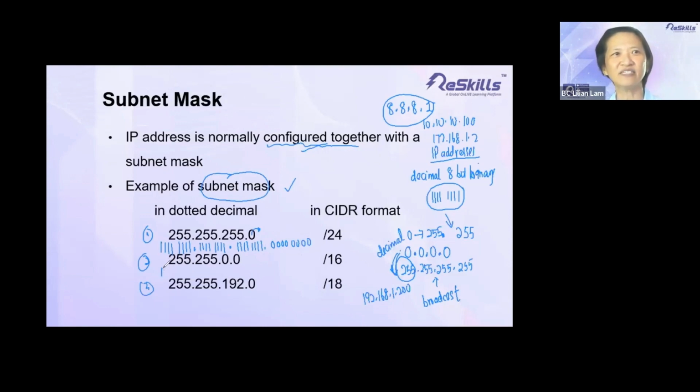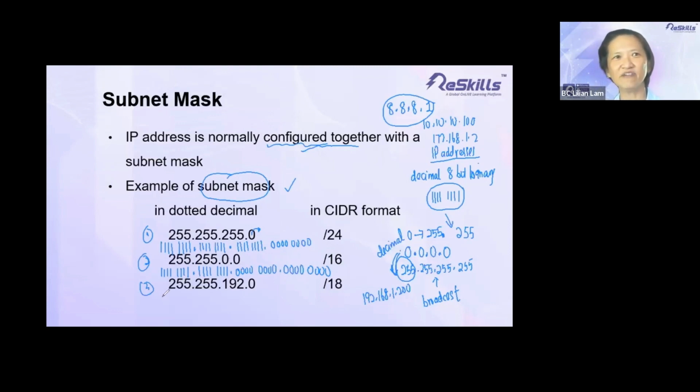Subnet mask to binary, same thing. 255.255.0.0 would be 8 bits of 1 and 8 bits of 1, then 8 bits of 0. You can see 11111111 dot 11111111 dot 00000000 dot 00000000.